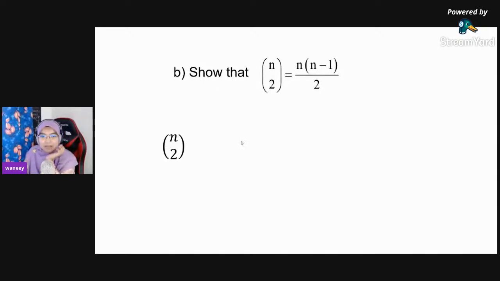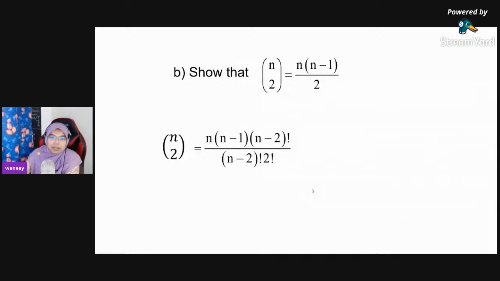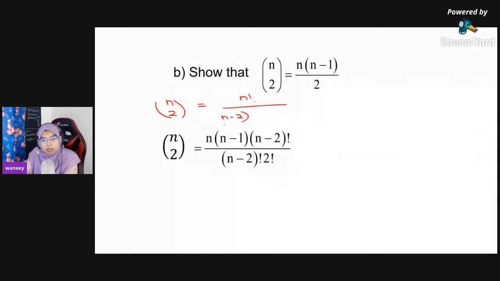Okay, so let us use the definition for nC2. If you use the formula, nC2 is n factorial over n minus 2 factorial times 2 factorial. Now n factorial we can simplify a little bit: this is n times n minus 1 times n minus 2 factorial.